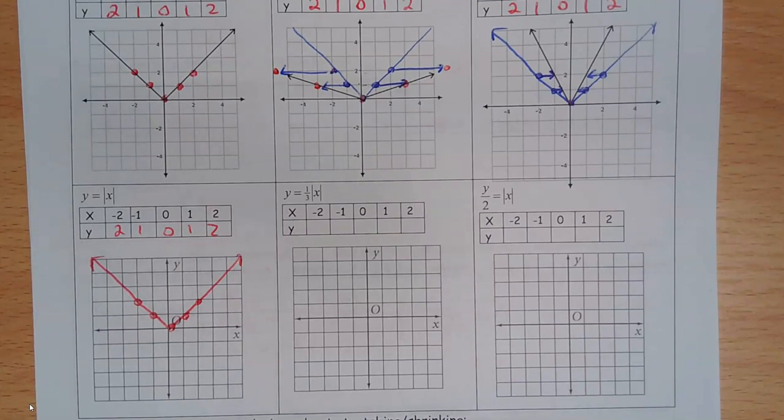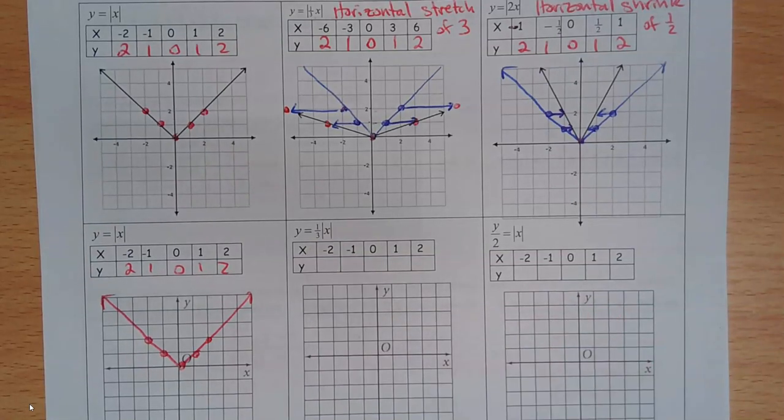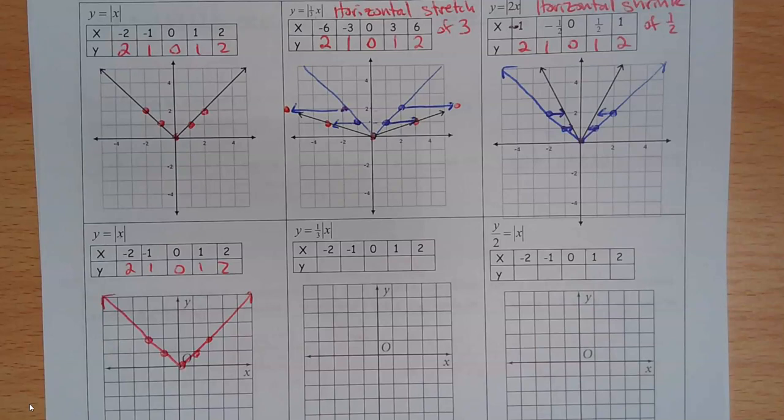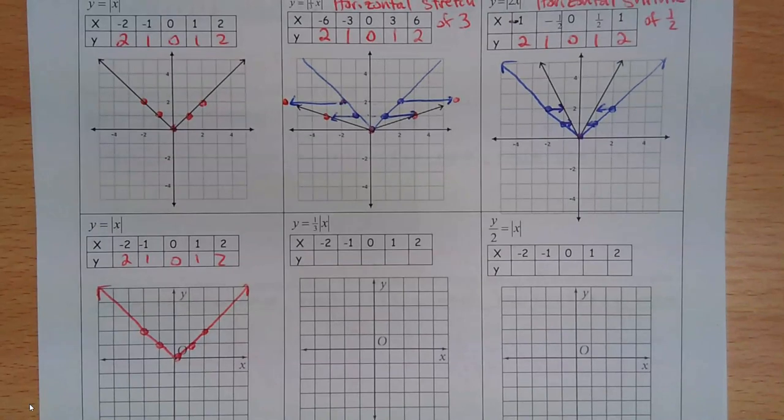Now instead of having the 1/3 inside with the x, I put it on the outside, which means I'm supposed to take the absolute value first, then multiply by 1/3. Whereas up here, it's supposed to multiply by 1/3 and then take the absolute value. With absolute value, it actually doesn't matter. You can factor stuff out of absolute values if there's no plus or minus. It doesn't always work like that with other things.